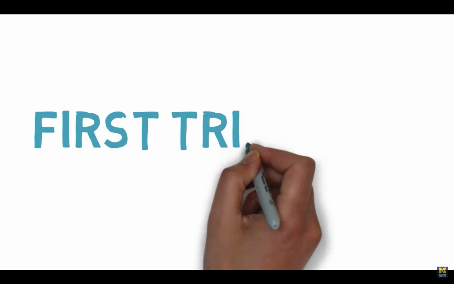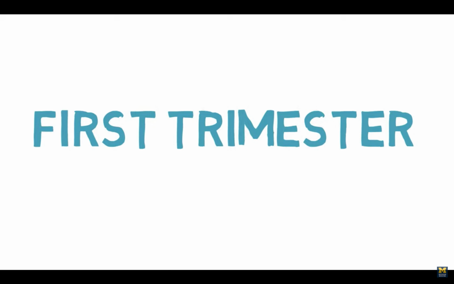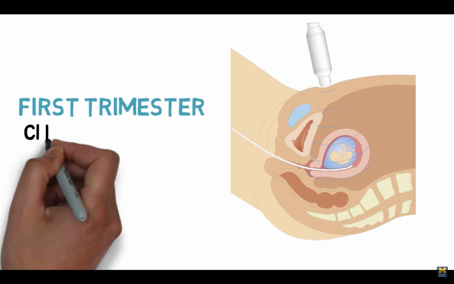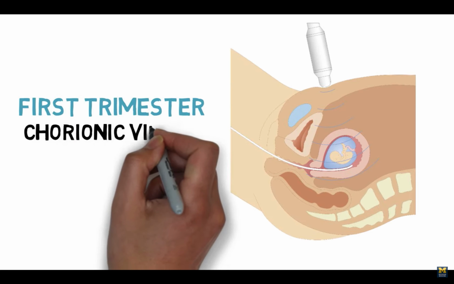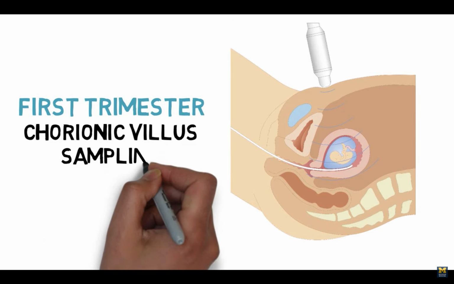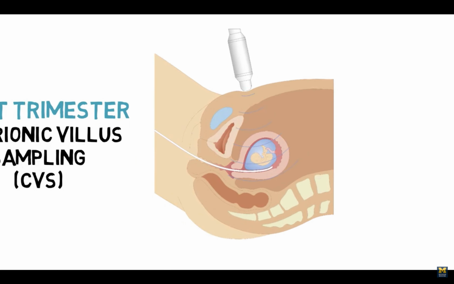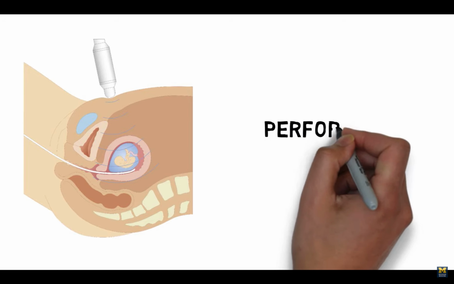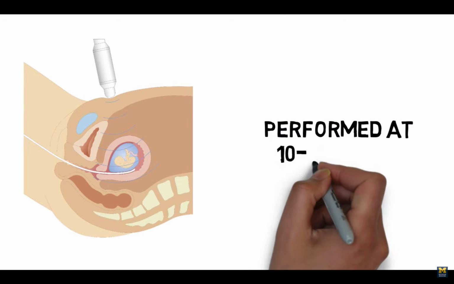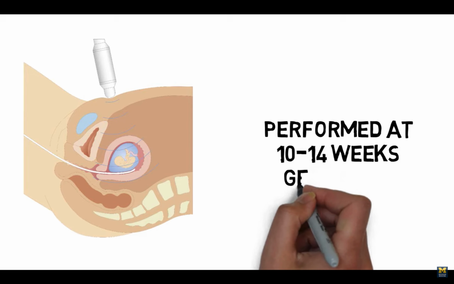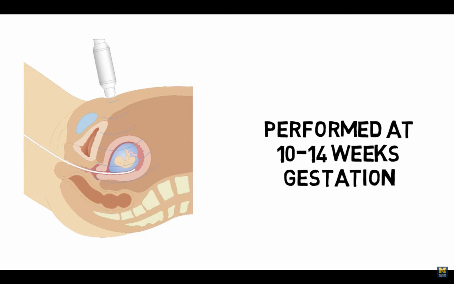In the first trimester, the available invasive procedure is called a chorionic villus sampling, or CVS. This is a sampling of the chorionic villi, a type of placental tissue, usually done between 10 to 14 weeks gestation. This test is often done through the cervix, like a pap smear, though it can also be done with a needle through the abdomen into the uterus.